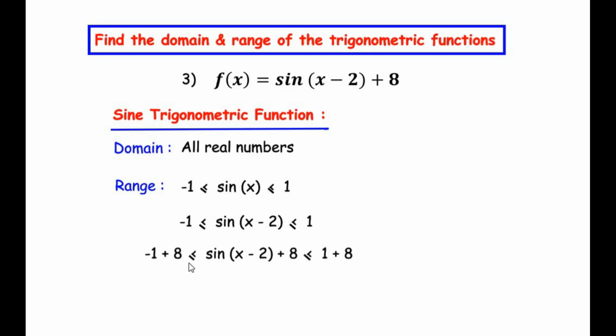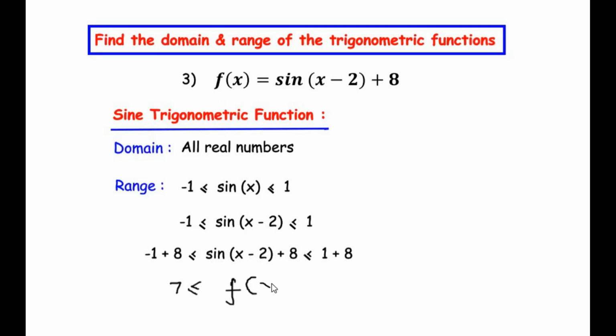So minus 1 plus 8 is less than or equal to sine(x minus 2) plus 8 is less than or equal to 1 plus 8. Now we can see the range is affected. So simplifying this, we'll get minus 1 plus 8 is 7 is less than or equal to. Now sine(x minus 2) plus 8 is nothing but your f of x, which is the range.